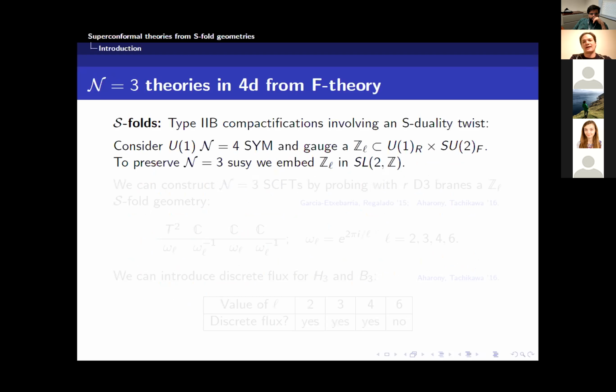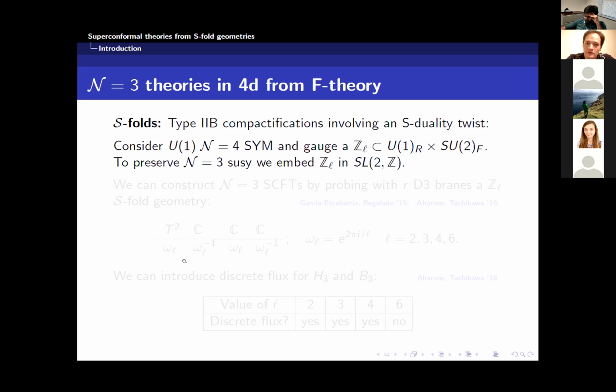So let's start from the N=3 S-folds. In the simplest cases, we can provide a rather simple QFT interpretation. Let's pick N=4 super Yang-Mills. This is the worldvolume theory of a D3 brane probing flat space. Seen as an N=2 theory, this has an SU(2) global symmetry, SU(2)_F.